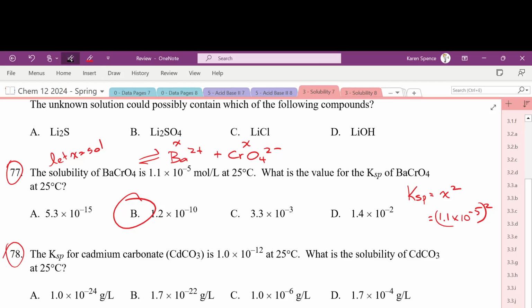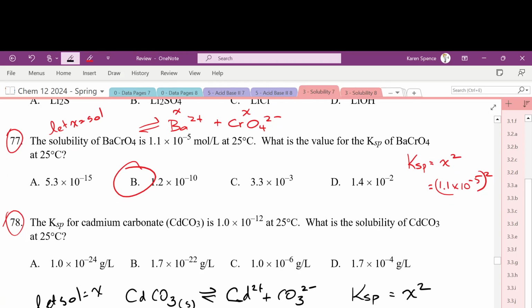Cadmium carbonate, also a 1-to-1 salt, CdCO3 solid, dissociating into Cd 2+ and CO3 2-. KSP, let the solubility equal X. So we have X and we have X. So that is X squared.